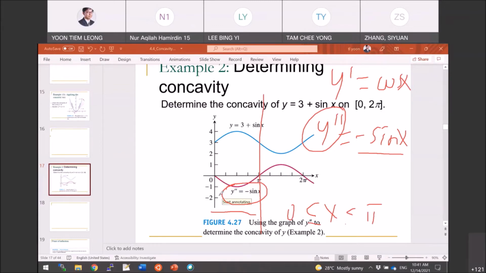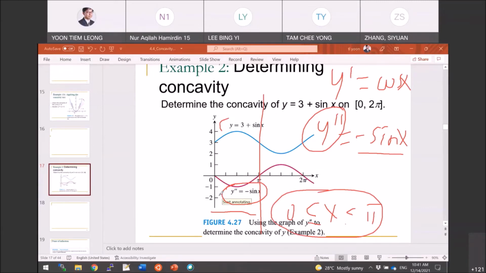Therefore, for x in this region, the concavity is negative, right? So it has a negative concavity, since negative sine x, y prime prime, is negative.